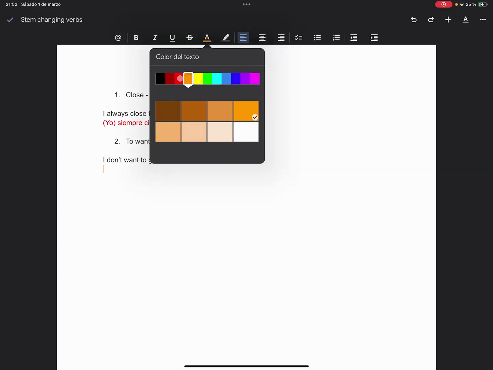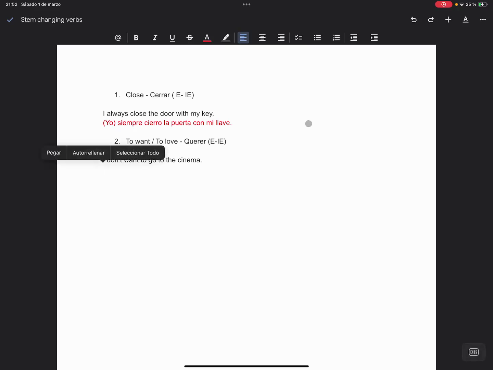Vale. Right. Okay. Again, we begin with the I, yo. That's optional. It's negative. So I don't want. So we say no. And now the verb querer. Remember that the E becomes an IE. So, quiero. Yo no quiero. I don't want. And now the verb to go.